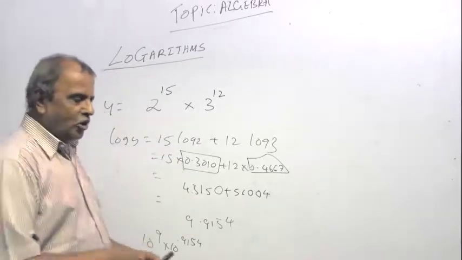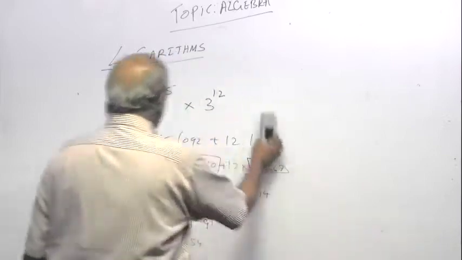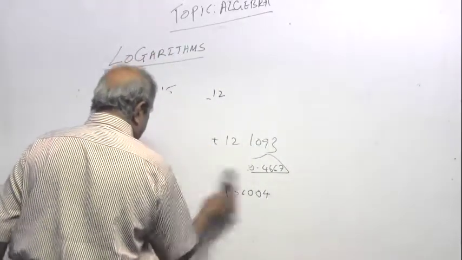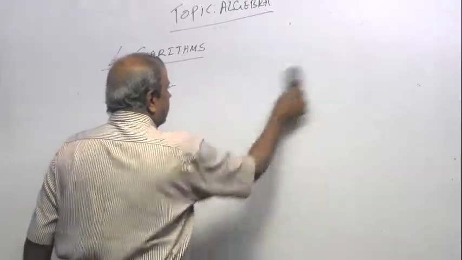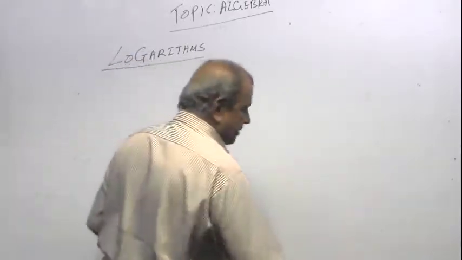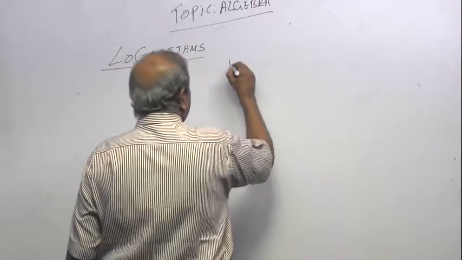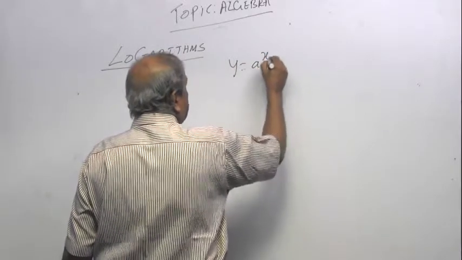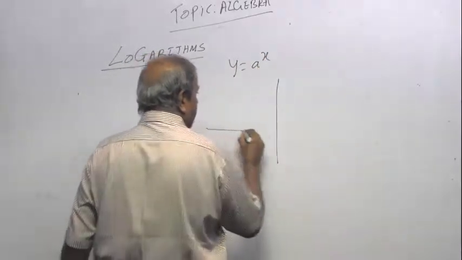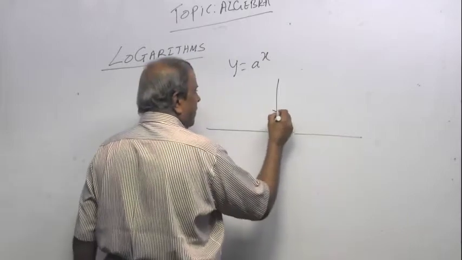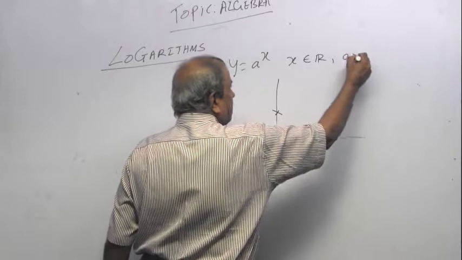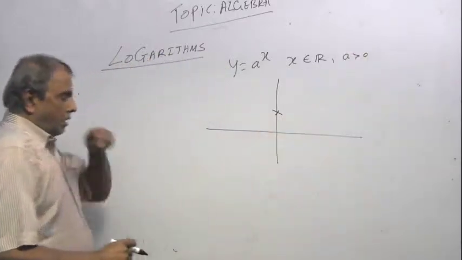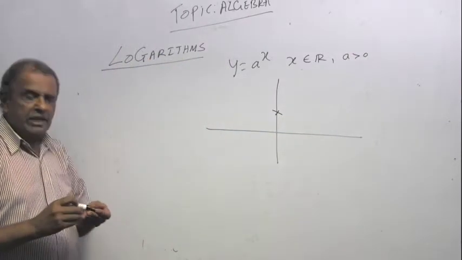So let's go over the theory of what this log is all about. To understand this, we need to look at the graph of a power x. Suppose you have a curve y equals a power x. Do you realize x belongs to R, and a is a positive rational number.